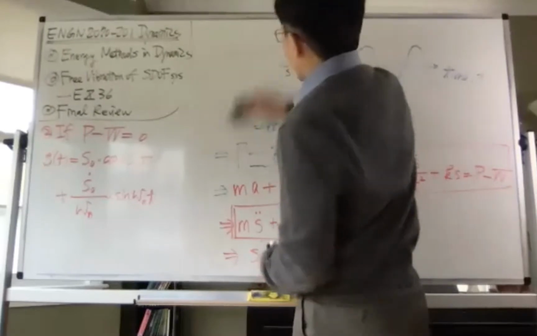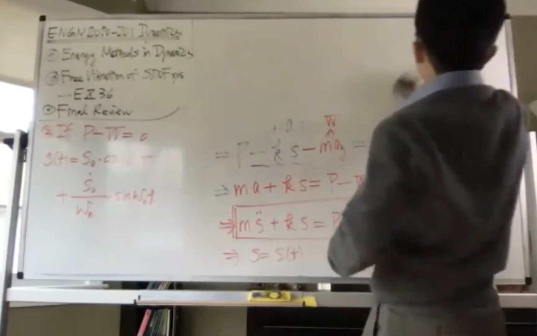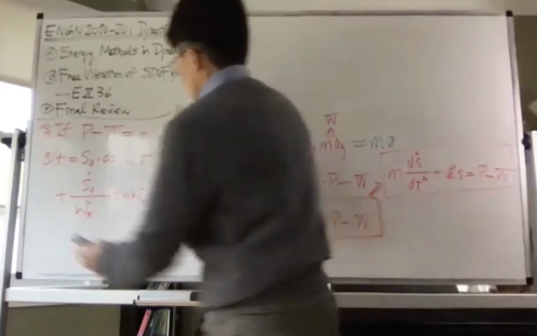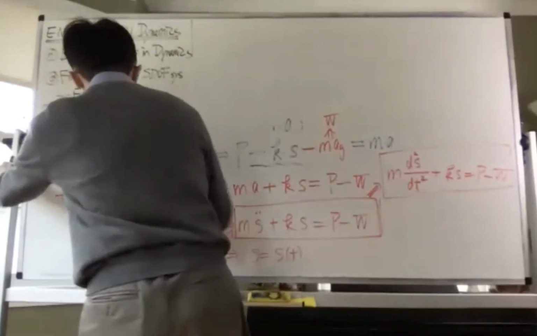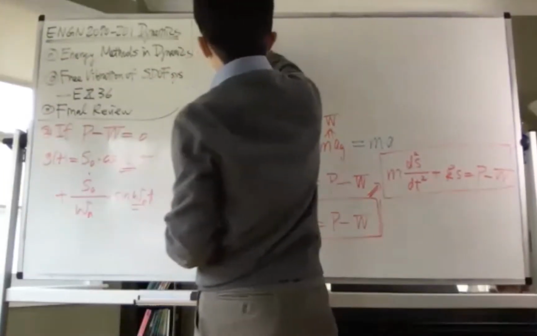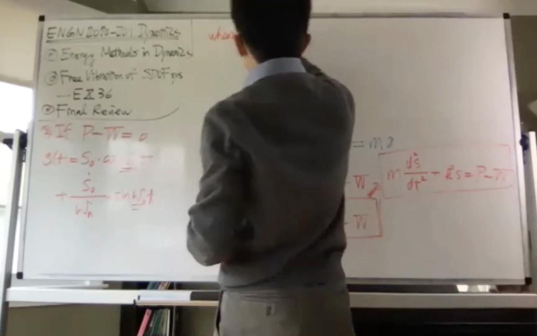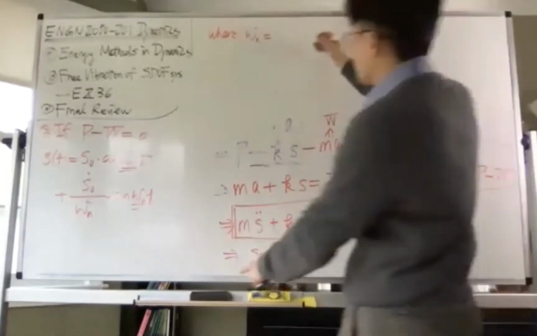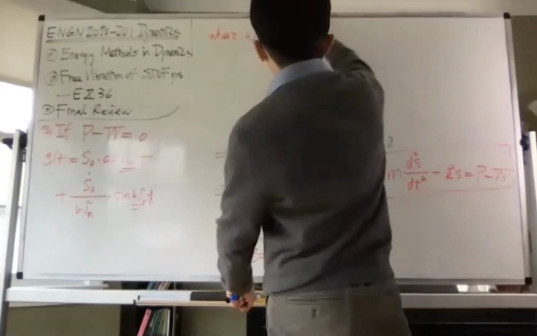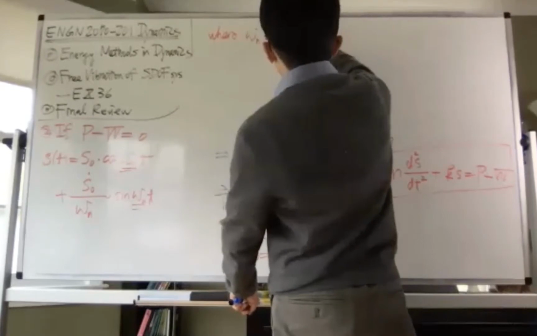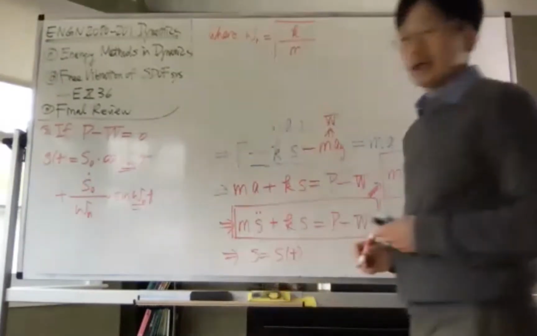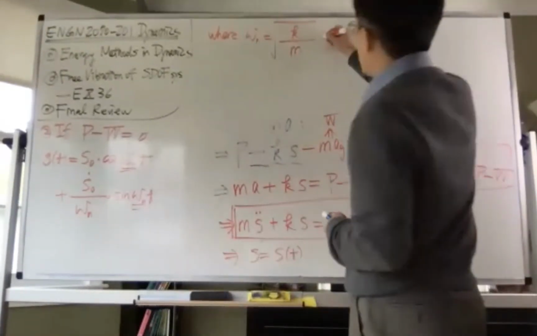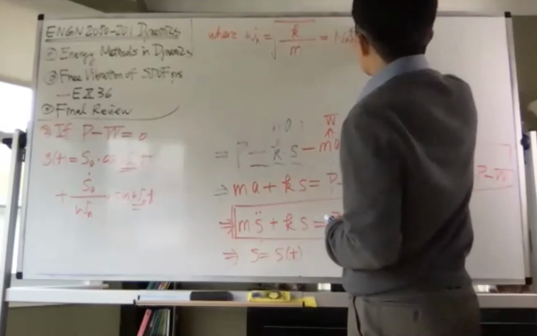So here I have to give you some definitions. First, what is omega n? Omega n is the square root of spring constant K divided by mass. This is what we call natural frequency.